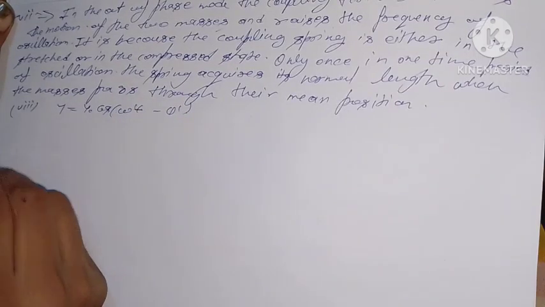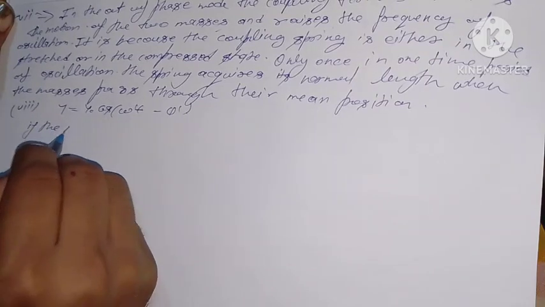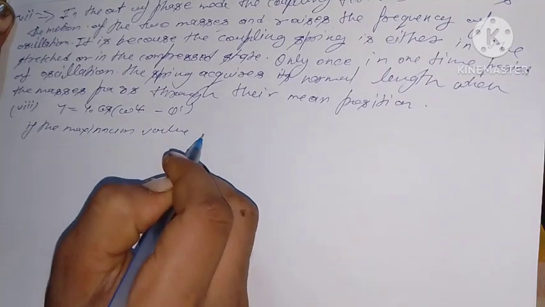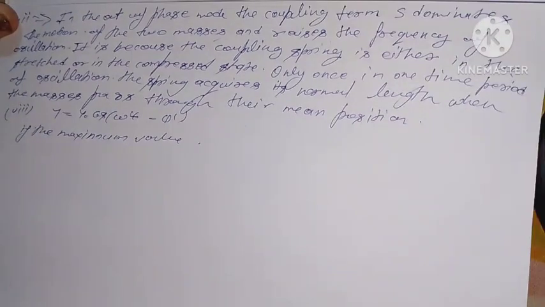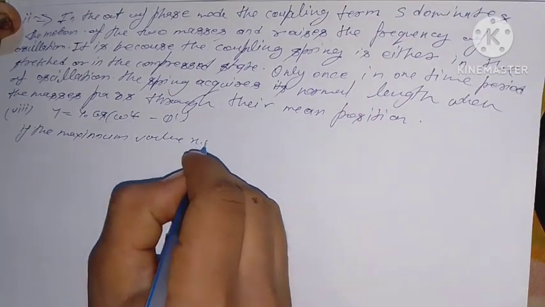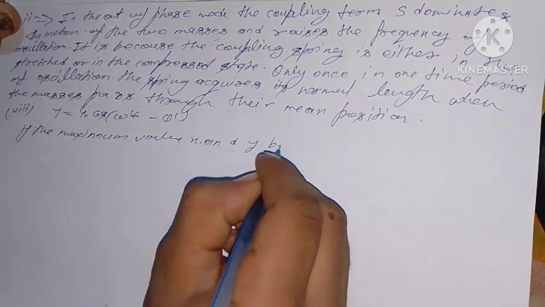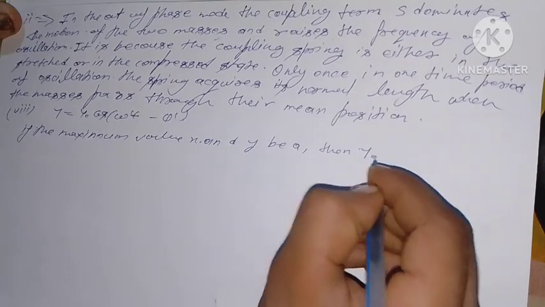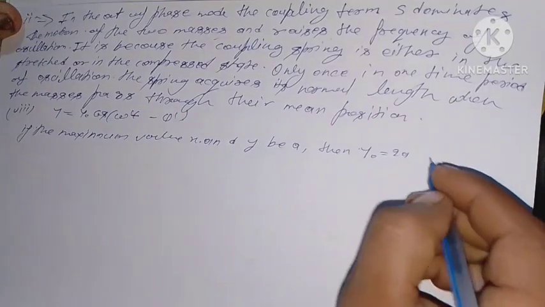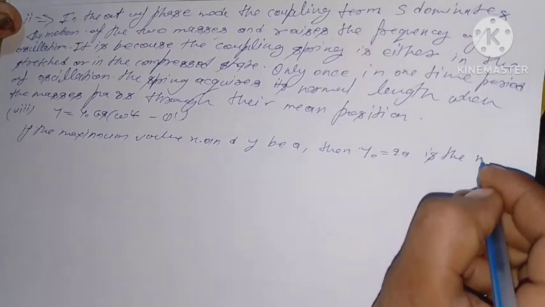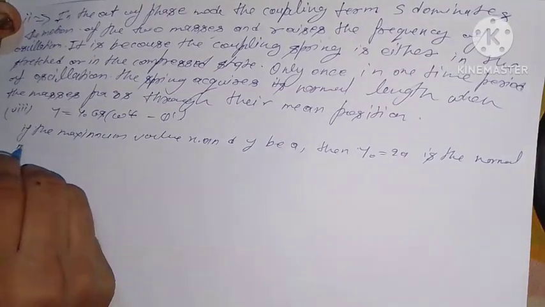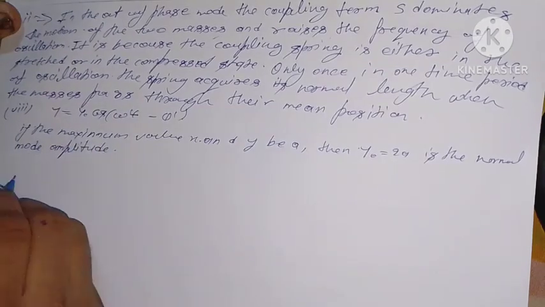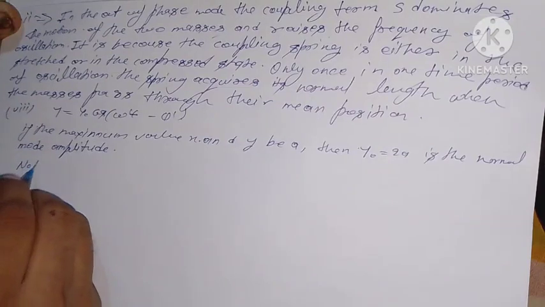If the maximum value of x and y be a, then y naught equal to 2A is the normal mode amplitude. Okay? Normal mode amplitude.